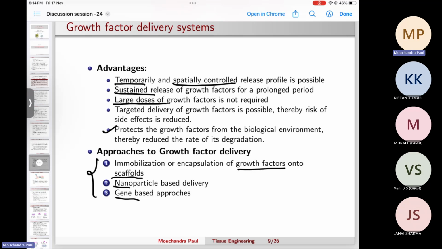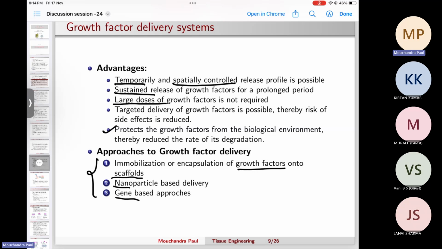But if the pH is near the physiological range, then the pore size will be relatively smaller, so the release of the growth factors will be very less. In this way, we can use this nanoparticle to deliver the growth factor at the cancer or tumor site.